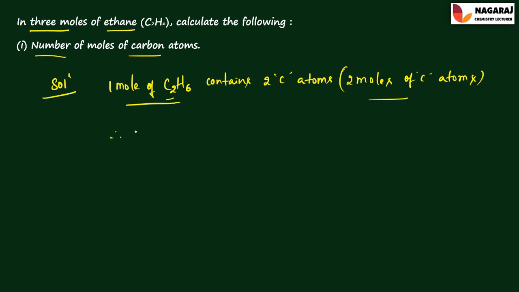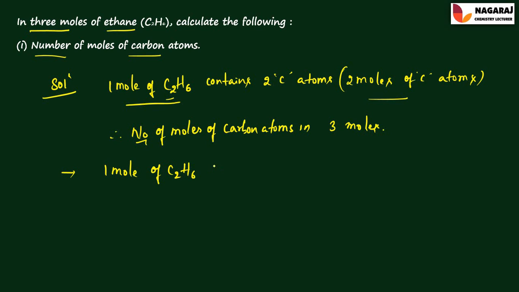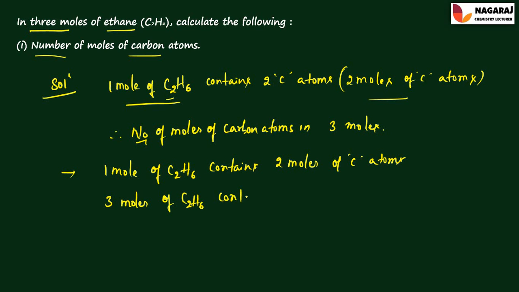Therefore, number of moles of carbon atoms in 3 moles. 1 mole of C2H6 contains 2 moles of carbon atoms. 3 moles of C2H6 contains X moles of carbon atoms.